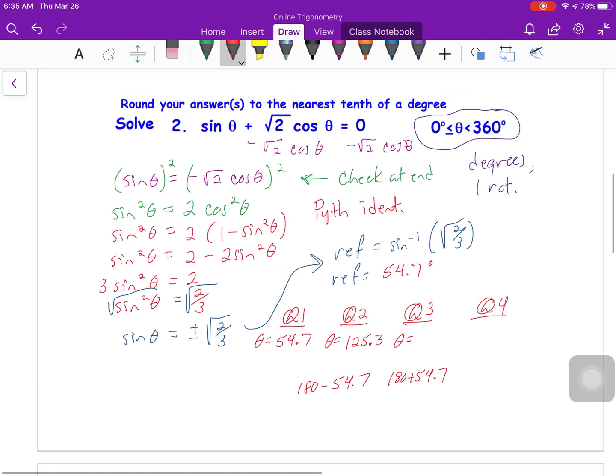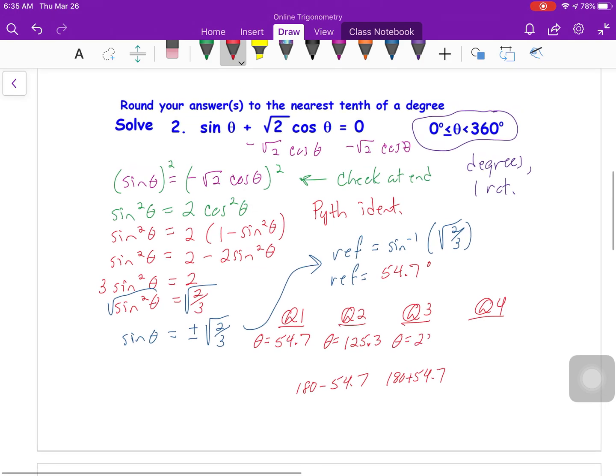And that's 234.7. And in quadrant 4, I would have had to take 360 minus 54.7. 305.3.